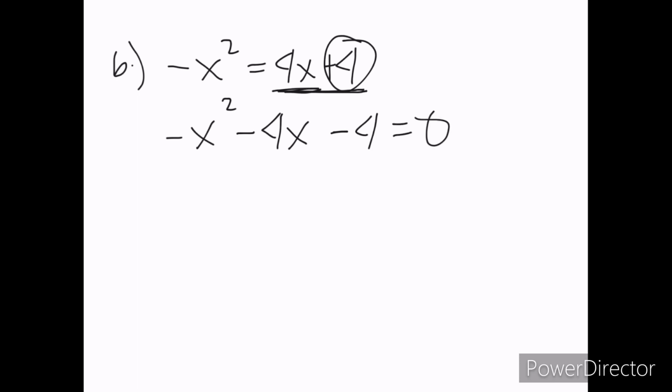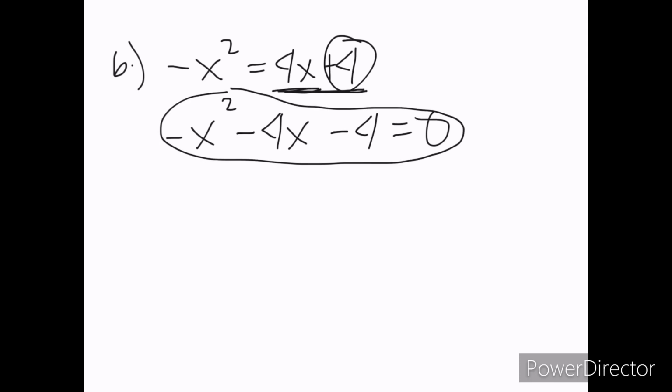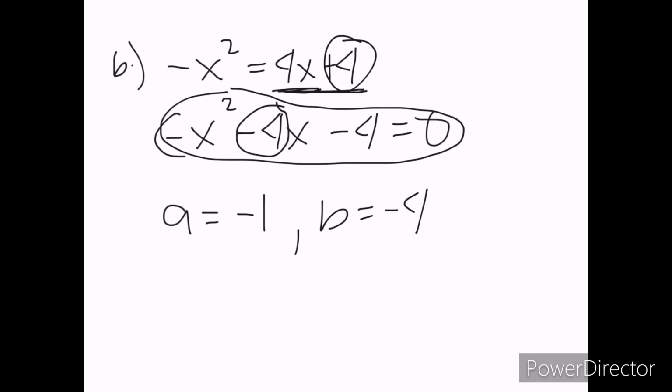Therefore, the standard form of the quadratic equation negative x squared is equal to 4x plus 4 is negative x squared minus 4x minus 4 is equal to 0, where our a is equal to negative 1, our b is equal to negative 4, and our c is equal to another negative 4.